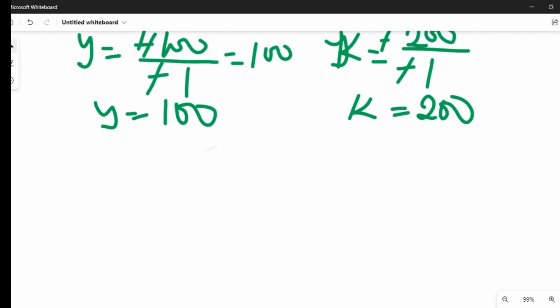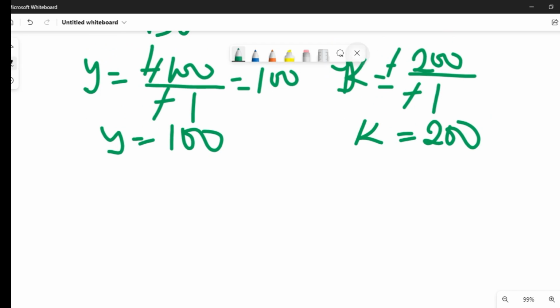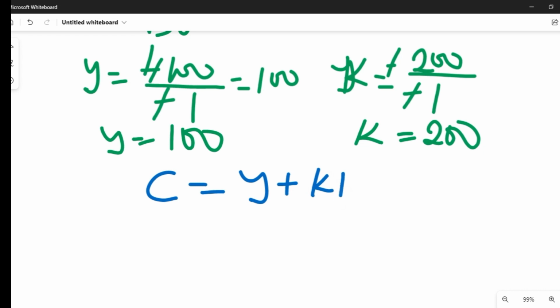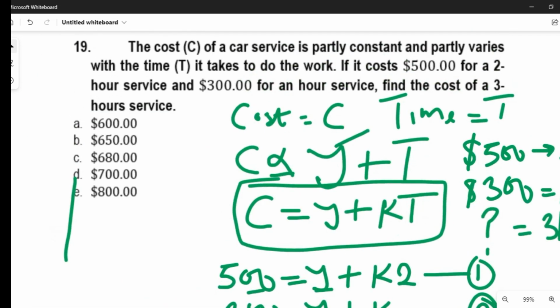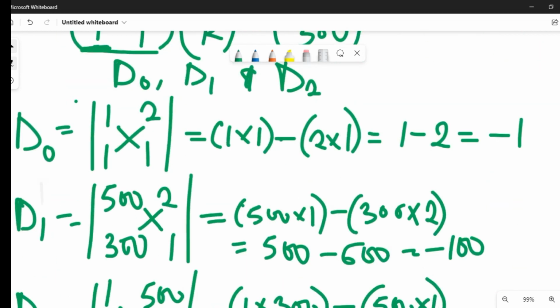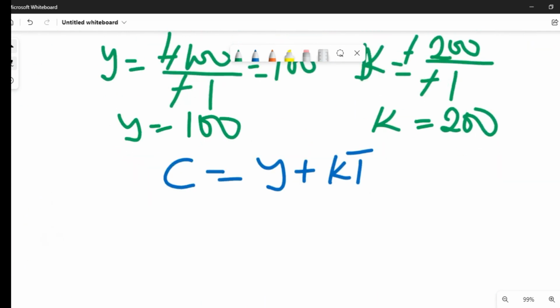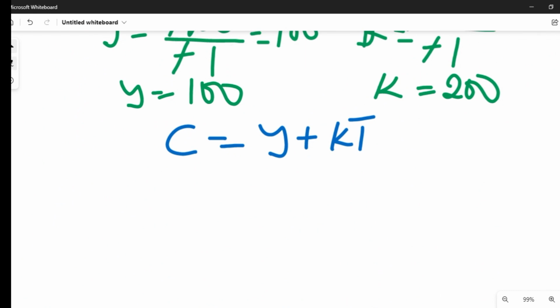The relationship holding the whole parameters is C equal to y plus kt, as we can see from the initial equation. So we are going to take that down, and then with that we can find the value of C, the cost for 3 hours.